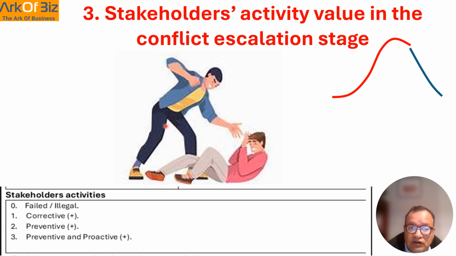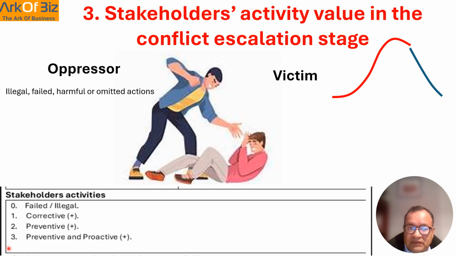So in a social conflict, there are generally 2 roles, the oppressor and the victim. So the stakeholders who initiate the conflict through illegal, failed, harmful, or omitted actions, such as failing to engage with community or ignoring the stakeholders' complaints, is classified as the oppressor, while the other party is considered the victim, regardless of their identity.